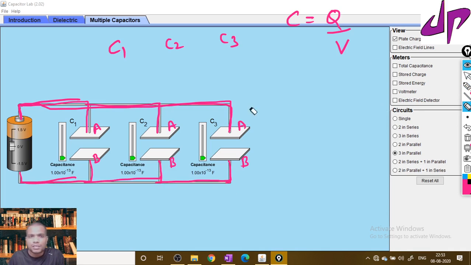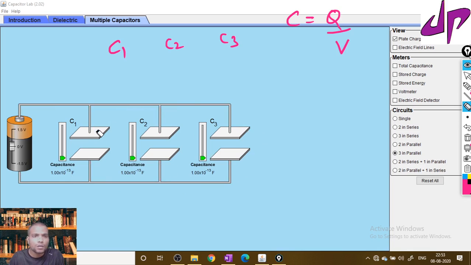In a simple manner, if I draw the same circuit diagram, suppose these are the three capacitors in parallel. I would like to draw them as a straight parallel, so it is easy to understand. This is capacitor C1, capacitor C2, and capacitor C3.